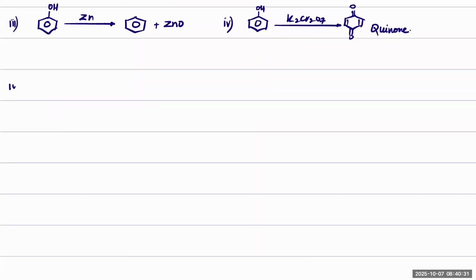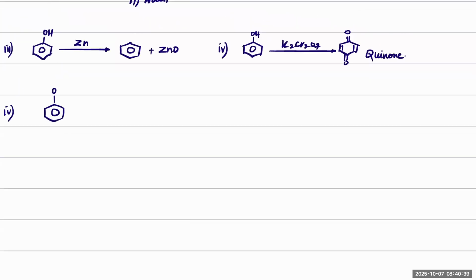Next one, phenol has this kind of reaction. Basically, it's not phenol, but a compound like this, C double bond O CH3. If this is being heated, you will get a phenol form here with C double bond O CH3, plus OH with C double bond O CH3.